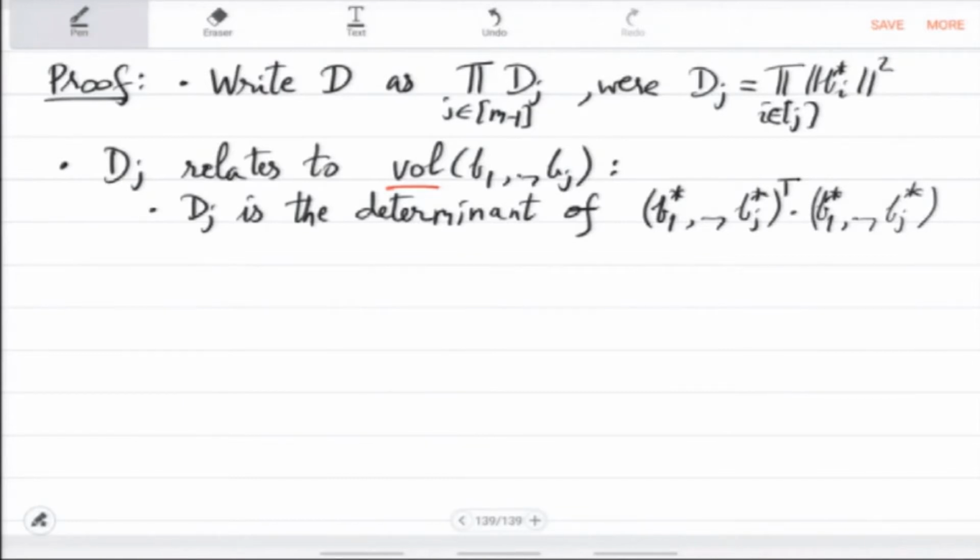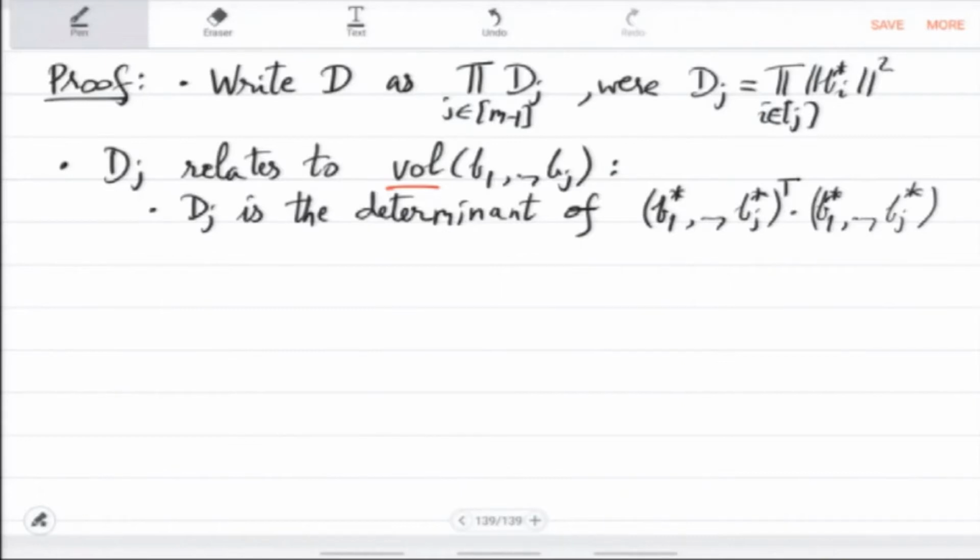So dj is actually the determinant of this matrix. Remember that b1 star to bj star are orthogonal. So, B1 star inner product B1 star will be the length of B1 star square, but other inner products will be 0.